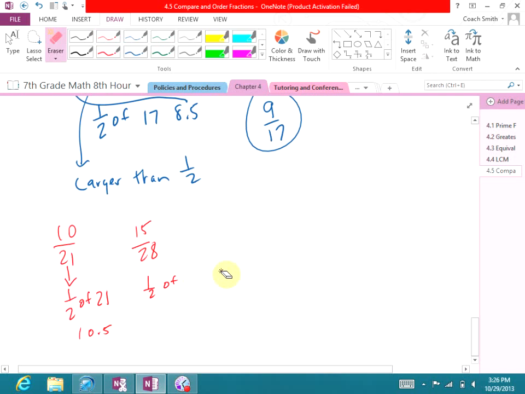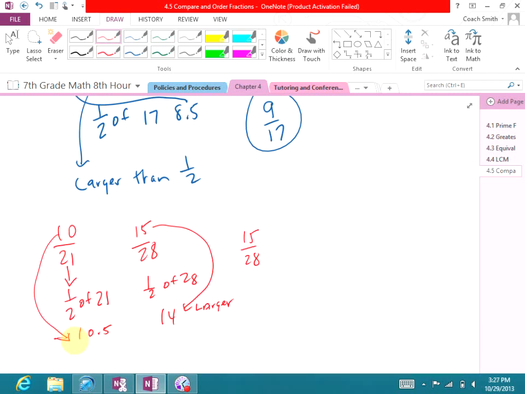What is half of 28? 14. So 15 is larger than 14, so 15/28 is larger than a half. 10 is smaller than 10.5, so 10/21 would be smaller than a half.